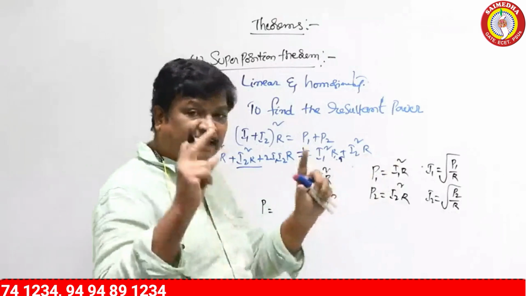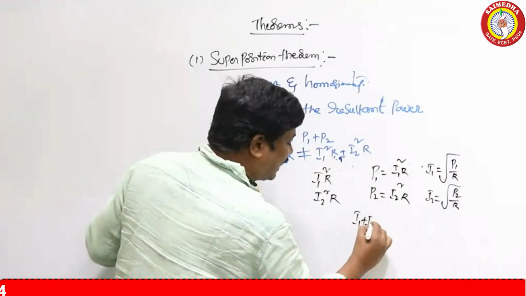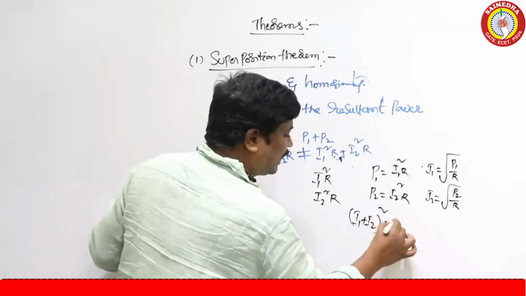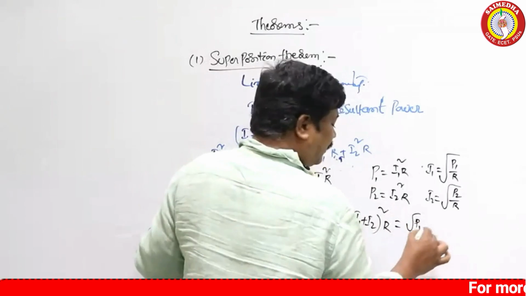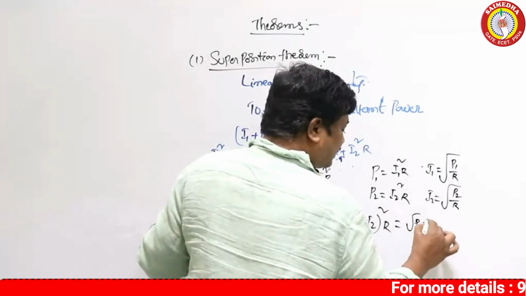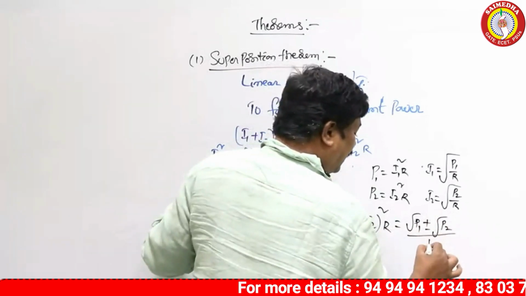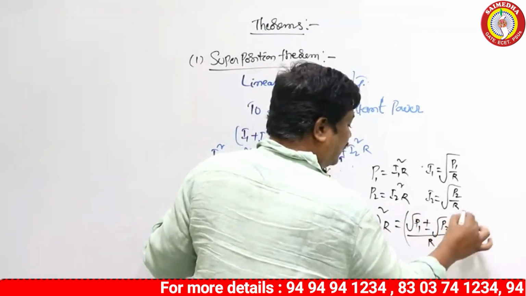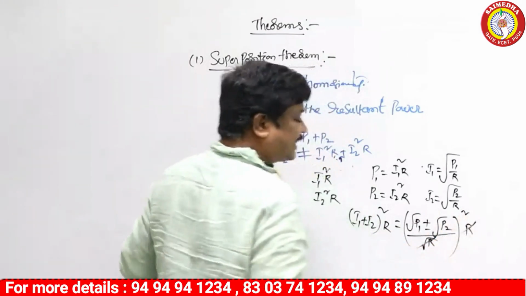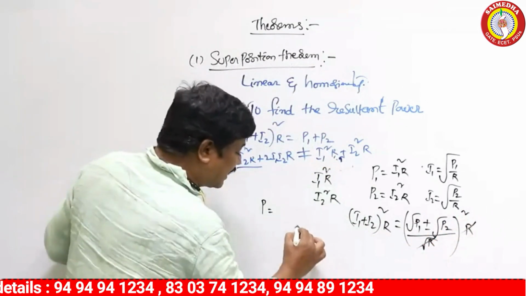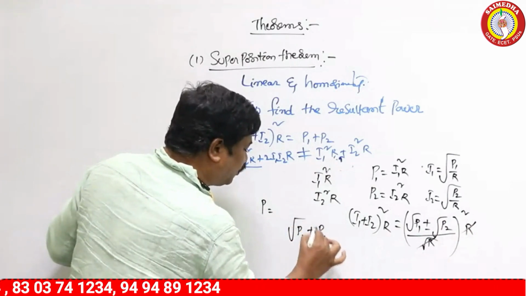How can I get the resultant current? (I1 plus I2) whole square into R is equal to (root of P1 plus or minus root of P2 divided by root R) whole square into R. The R gets cancelled. What is remaining is resultant power is equal to (root of P1 plus root of P2) whole square.